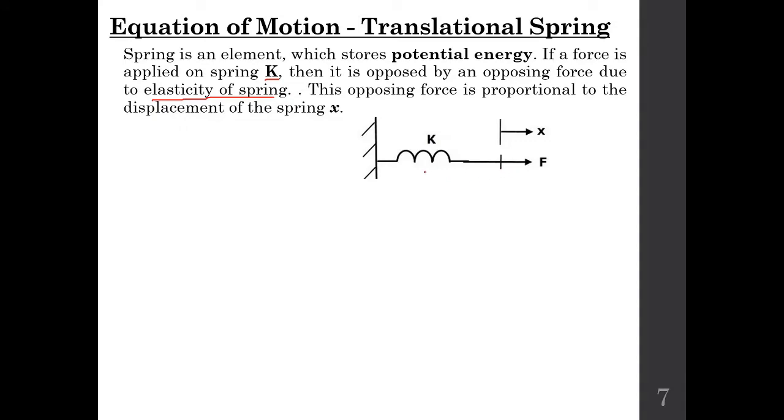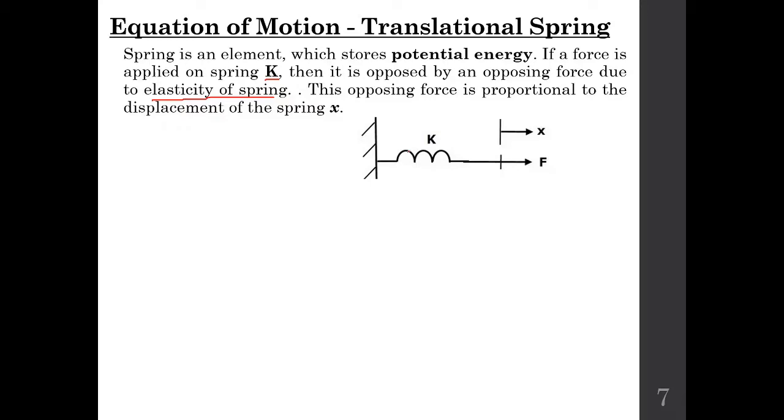So suppose you have this spring which is attached to a wall and you are applying a force in this direction. Now this point represents the displacement which we have marked by x. So the more the displacement in this direction, the more will be the opposing force applied by this spring.